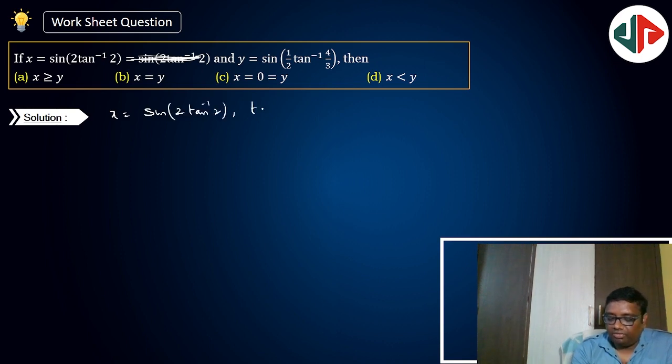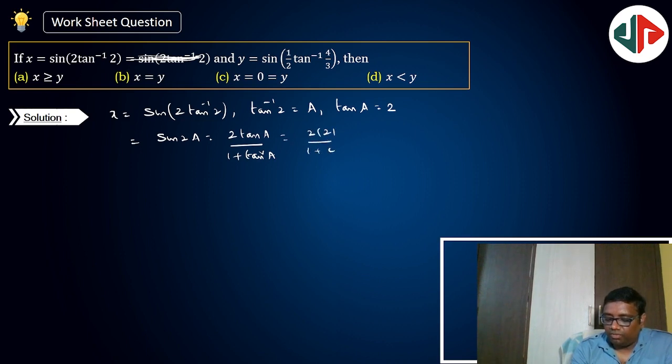Imagine tan inverse of 2 is equal to a, then tan a is equal to 2. It becomes sine of 2a. Sine 2a means 2 tan a by 1 plus tan square a. So it is nothing but 2 into 2 by 1 plus 4. So your answer is 4 by 5, 0.8.